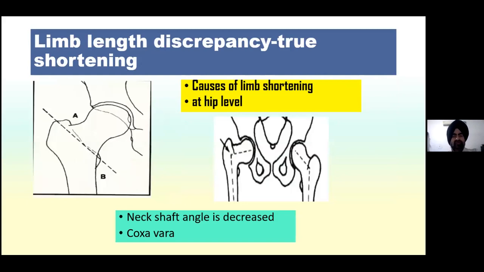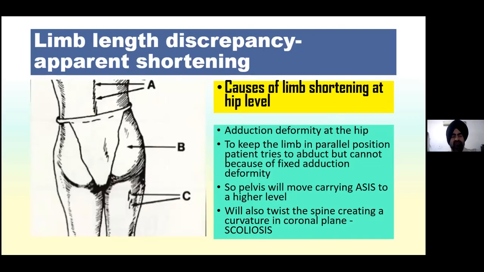Causes of the limb shortening at the hip level can be due to change in the neck shaft angle, which is, if the angle is decreased, we call it the coxa vara. Adduction deformity of the hip can again be the cause of shortening. Here there is an adduction deformity on the right side. Due to the adduction deformity, the pelvis has tilted, risen higher on the side of the deformity, and abnormality of the spine, the scoliosis has developed, and the limb of that side has shortened.